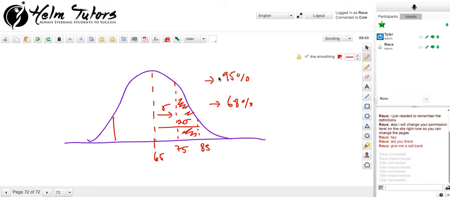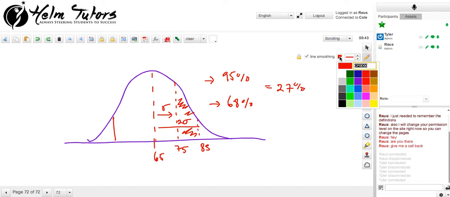The proportion. Okay, so first let's subtract these two. Wouldn't it be 27 after subtraction? That's right, 27. 27% of the information falls to 75 based on, right? Close.